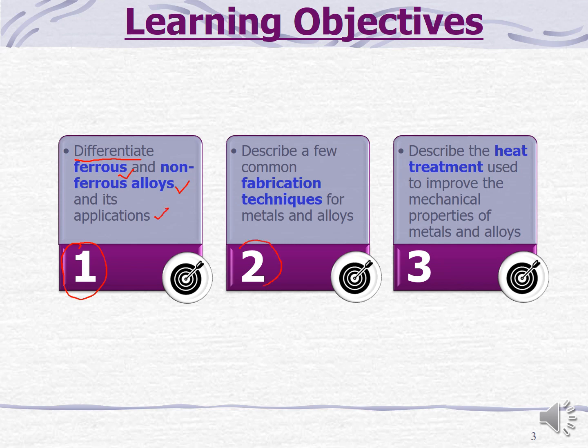The second one is to describe a few common fabrication techniques for metals and alloys. And the third one is to describe the heat treatment process in order to improve the mechanical properties of metals and alloys.